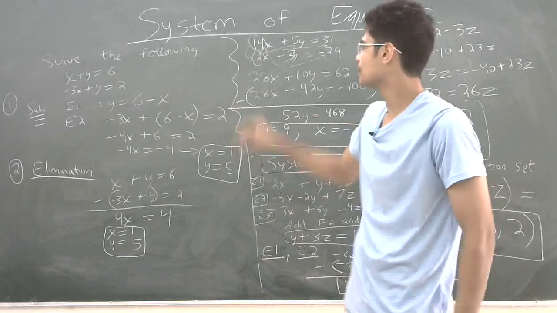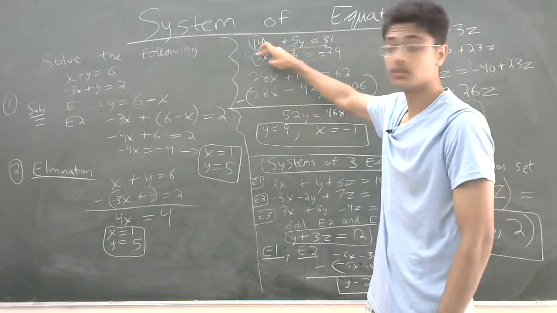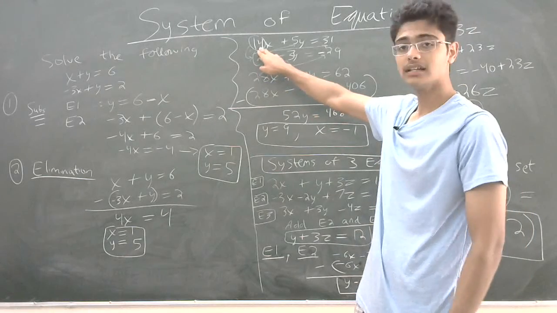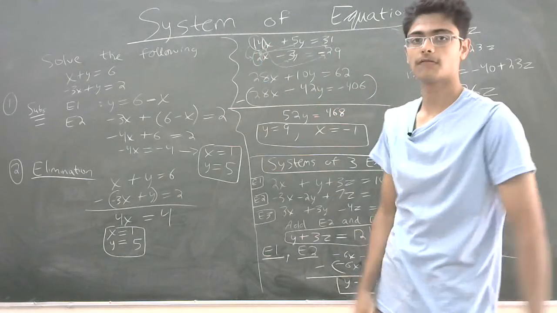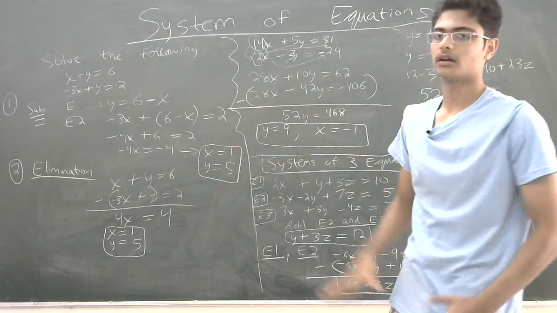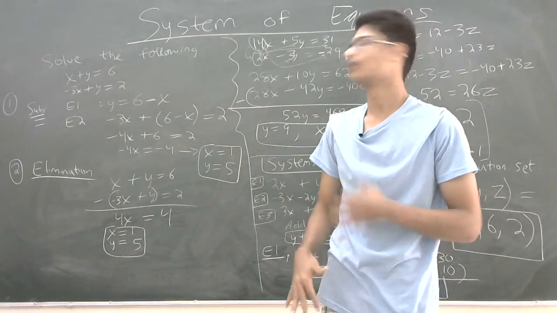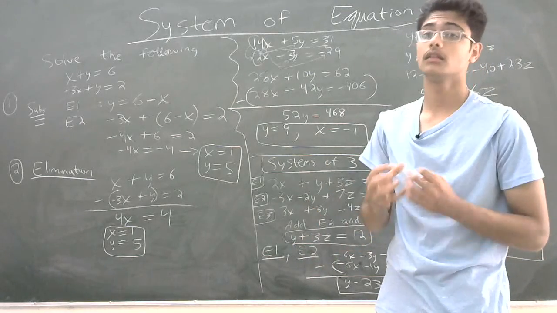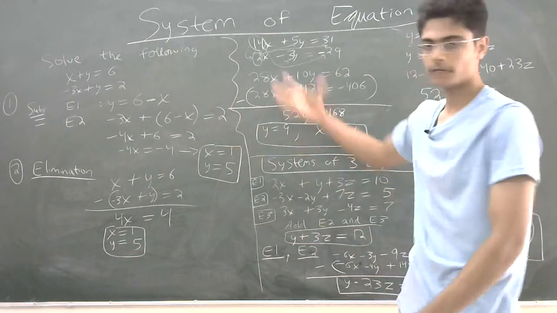When I say a multiple, I mean like, think about it. If you have 2, you can multiply this entire equation by 2. If you have 14 here, you can multiply this entire equation by 14, which is really, you're not altering any value or any equation. The equation is really the same, but you're doing that so you can eliminate the x's out. So I prefer this method.